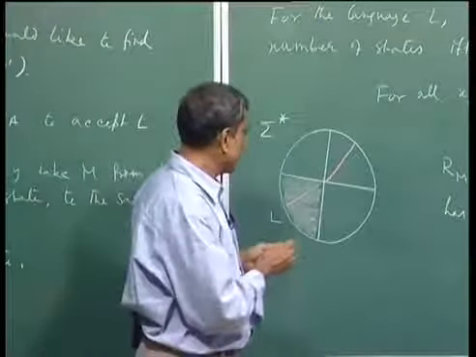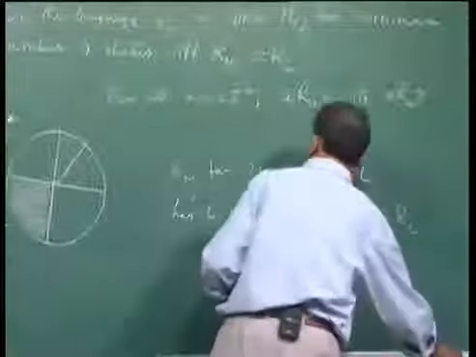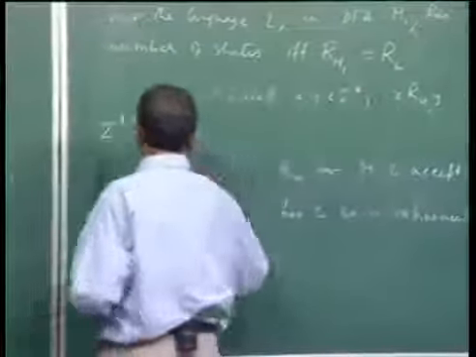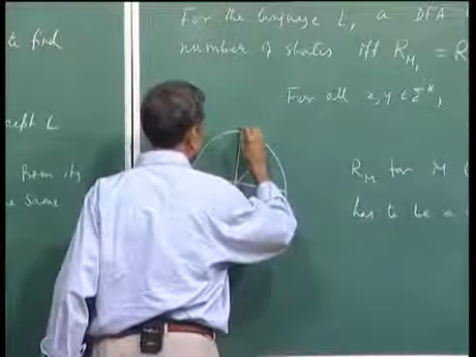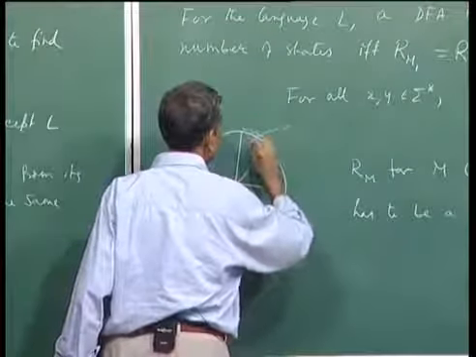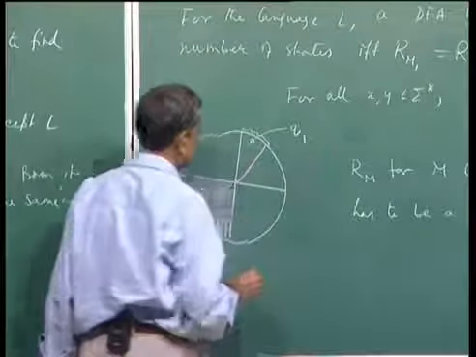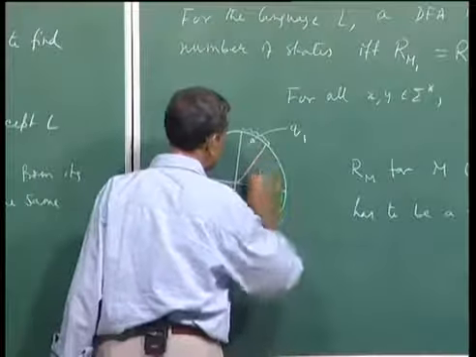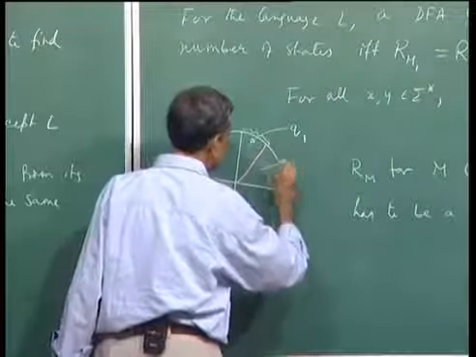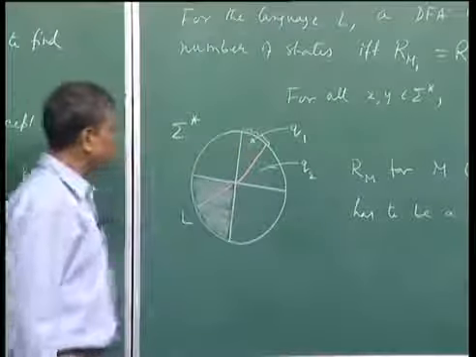So, for example, maybe this particular equivalence class corresponded to the state Q1, and this particular equivalence class corresponded to the state Q2.